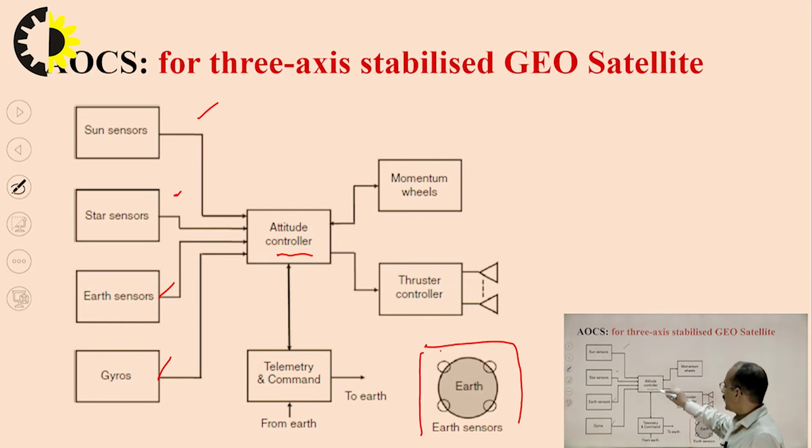Then the signal goes towards the TTCM system through the earth, and then the earth station processes that data and generates the command, and that command is given to the attitude controller through the telemetry tracking and command system, and then that command will activate the momentum wheel or thrusters to maintain the satellite position. So this is the working of the 3-axis stabilized GEO satellite.